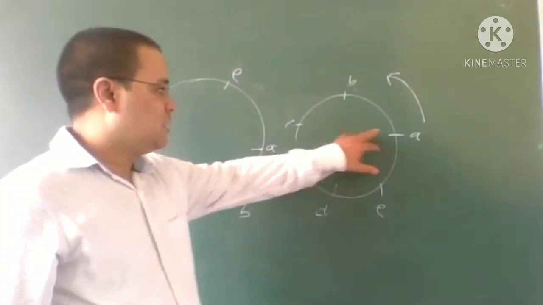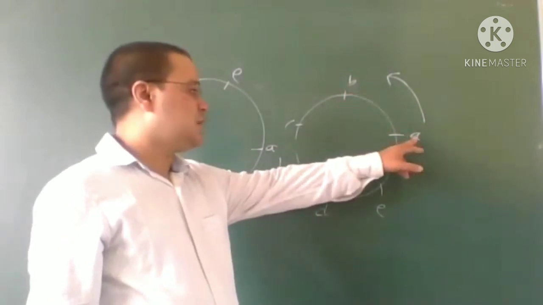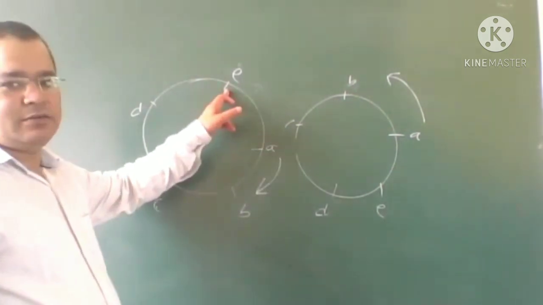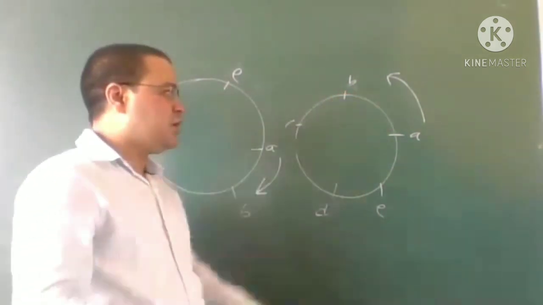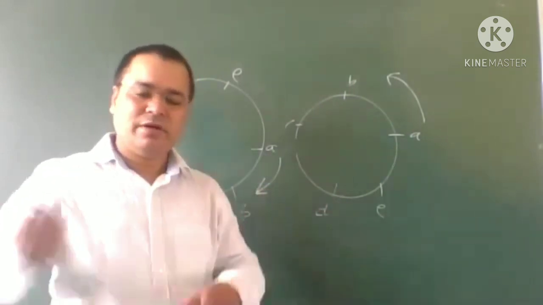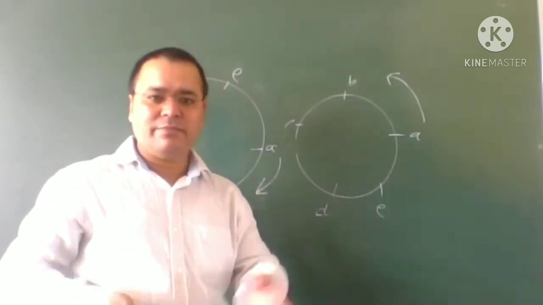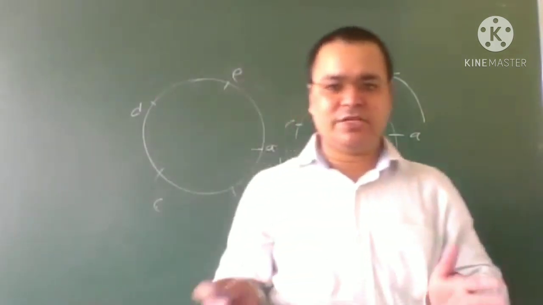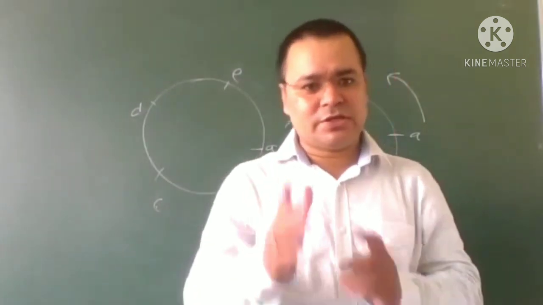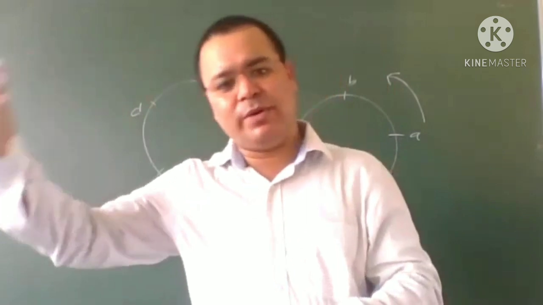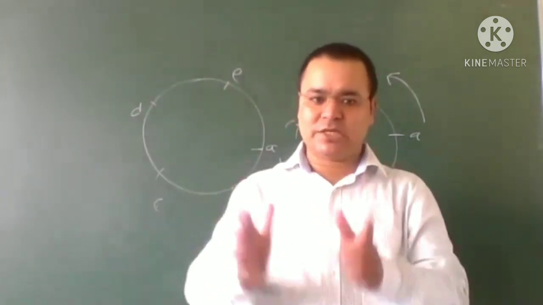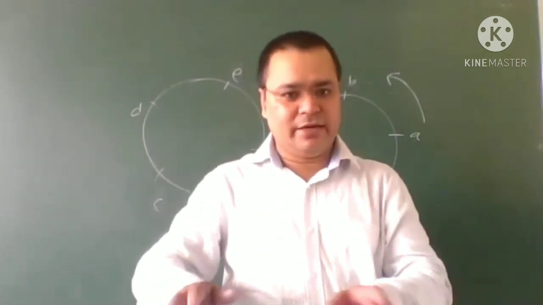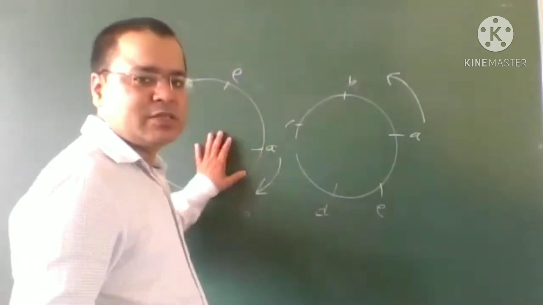In this situation, the neighbor of A is B and E, and in the other situation, the neighbors are also B and E. B is one time on the left side, the second time on the right side. E is one time on the right side, one time on the left side. But the neighbors are the same; only the position is changing. Getting? It means it gives us a similar arrangement.